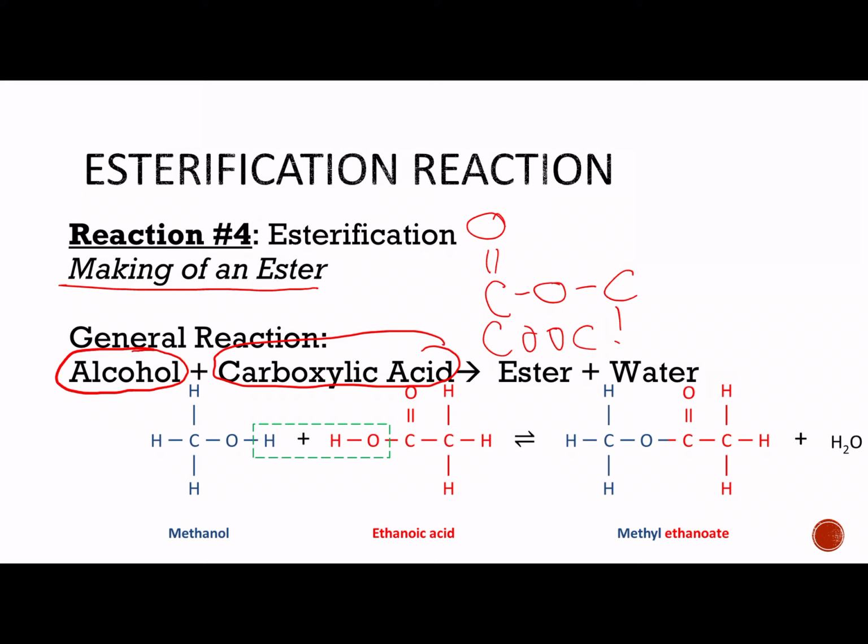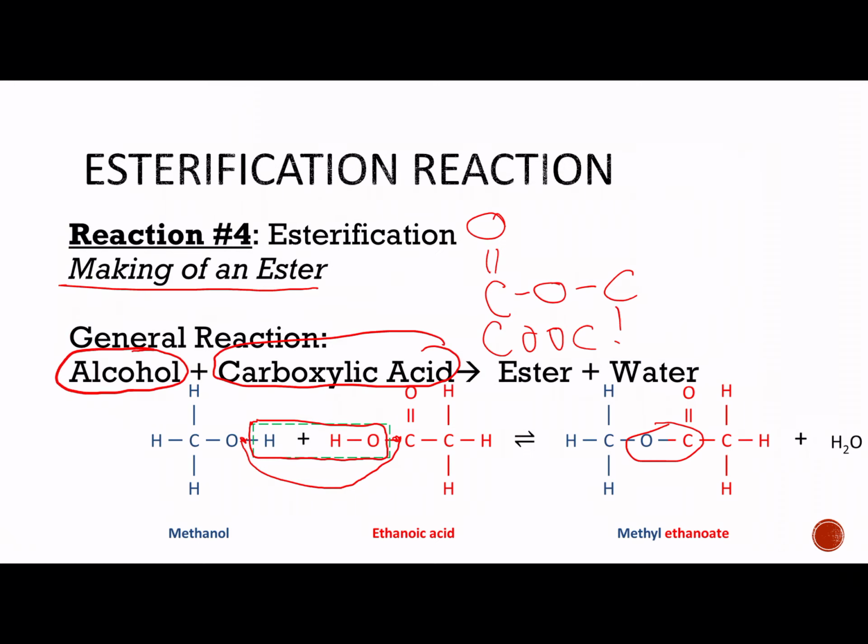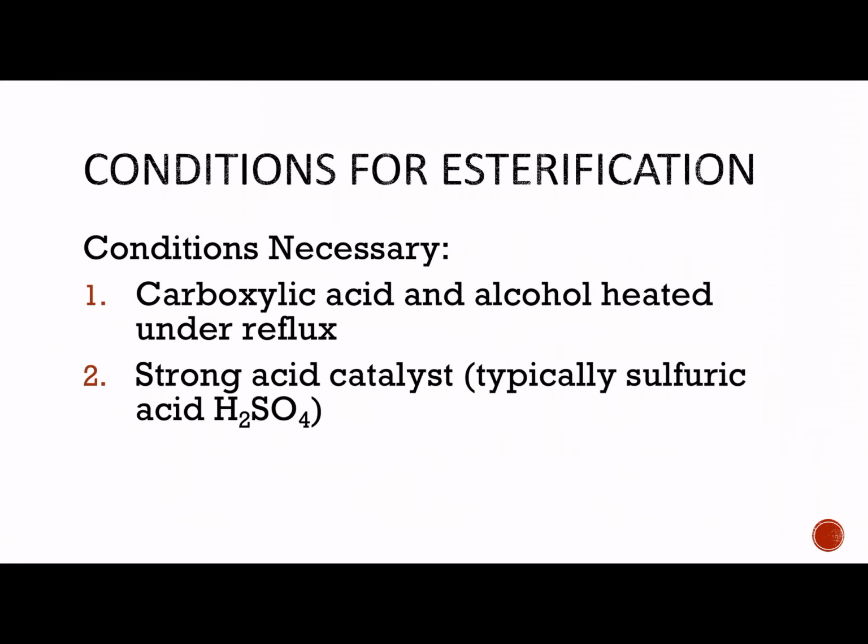The idea is that you are removing water, and this carbon and this oxygen now connect to each other. This shows the new bond being formed, and then you have water as your other product. Yes, you do need to know your other product in this case. So these are your conditions, and you need to know your conditions.